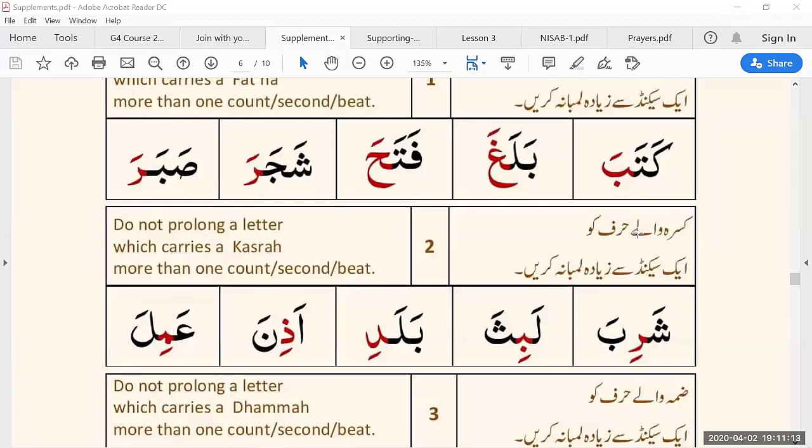Okay, well done. That was perfect. Each of these letters carries a fatha stroke, and we just prolong each of these letters for 1 second, count, or beat.